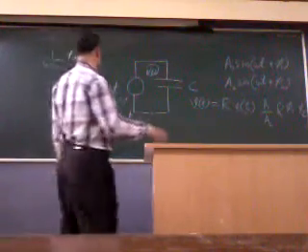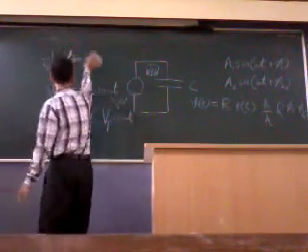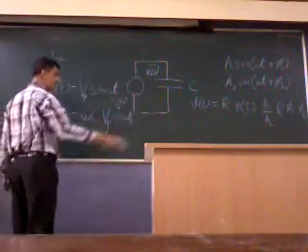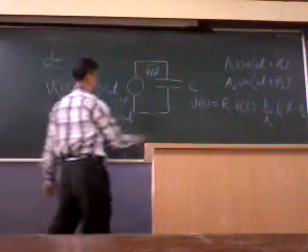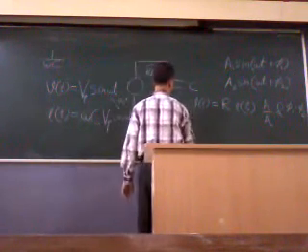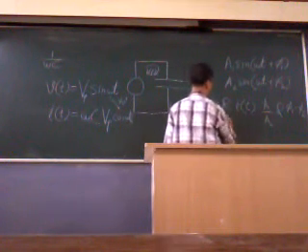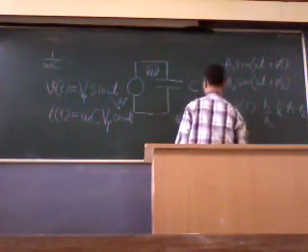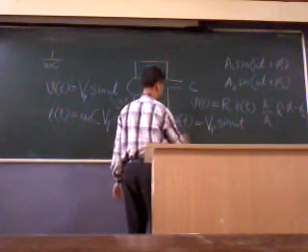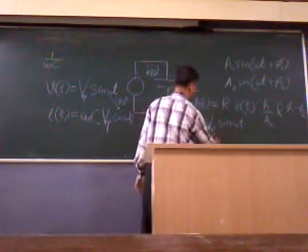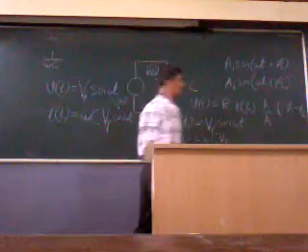So what would be the ratio? I am not interested in tan omega t. So I can rewrite Vt as Vp sine omega t and It as omega c Vp cos omega t.